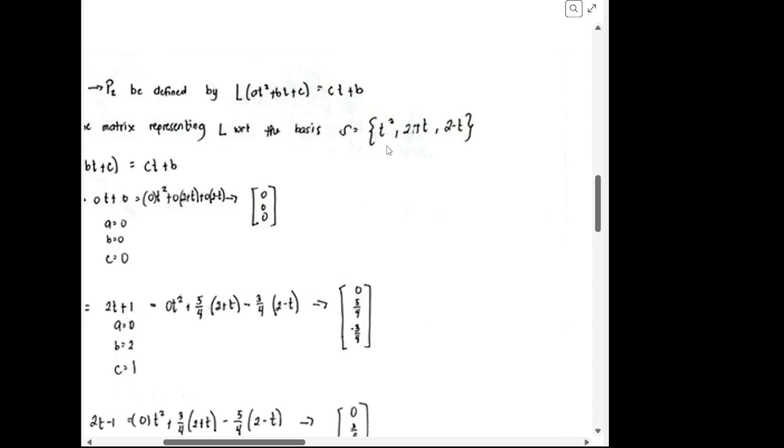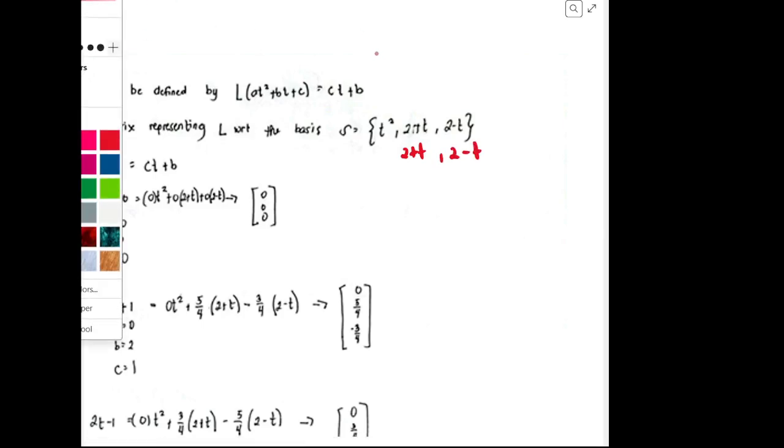So let's have this. We have at squared plus bt plus c, forming the basis t squared, 2 plus t, and then 2 minus t.